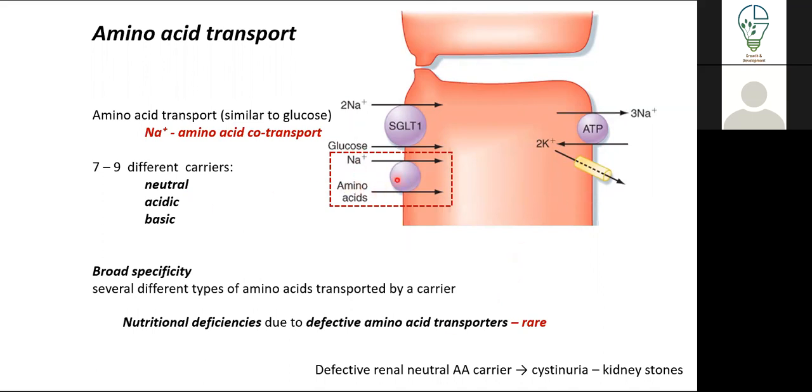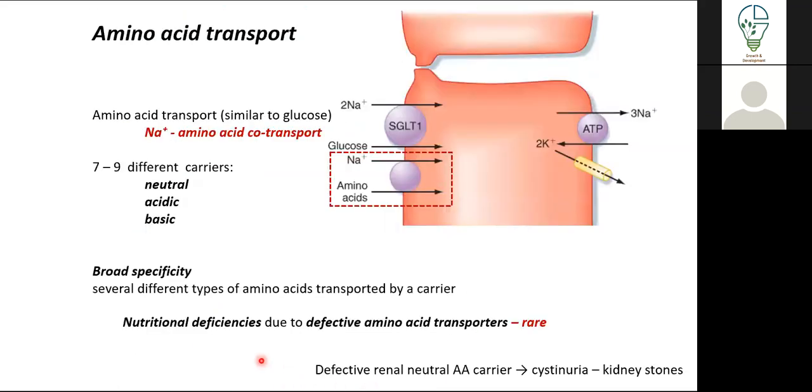There are different carriers: some are good for neutral amino acids, some for acidic, some for basic. You have enough for everything. The idea is we keep the sodium level low here so that sodium will enter and amino acids will enter with it.